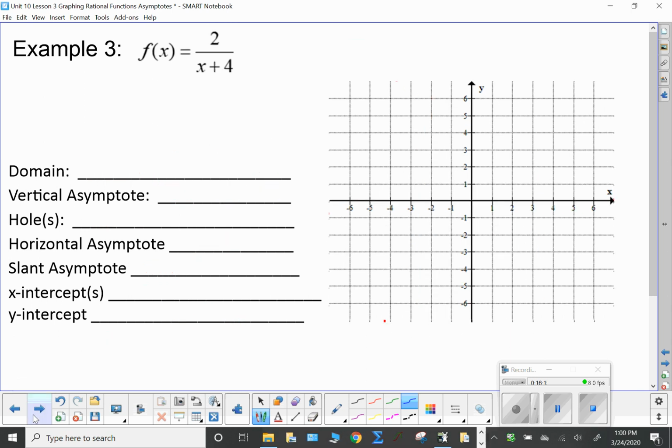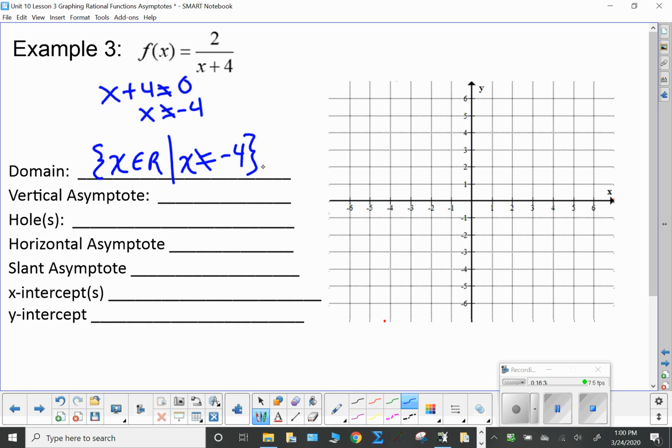If we continue to example 3, my domain. Notice that x plus 4 cannot equal 0, so x cannot equal -4. Domain, x is an element of reals such that x does not equal -4.